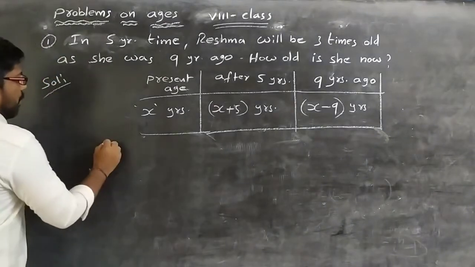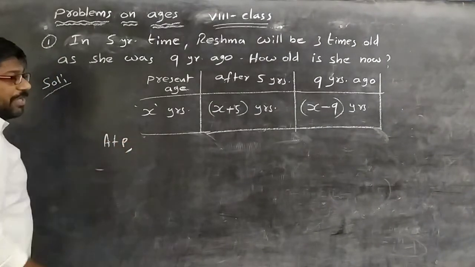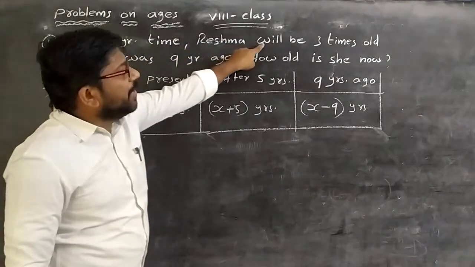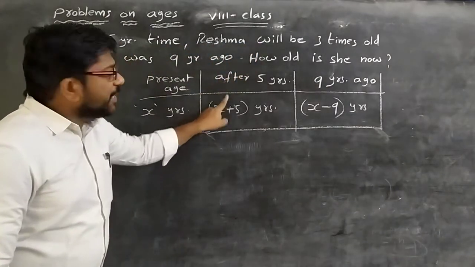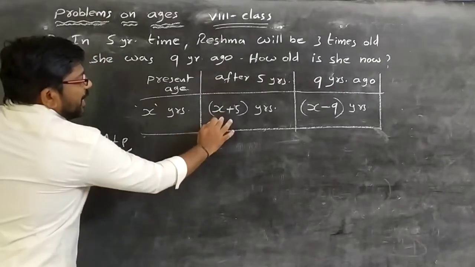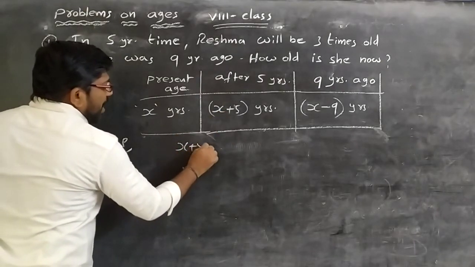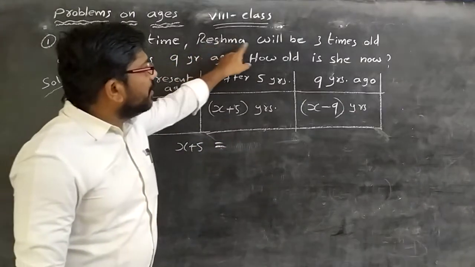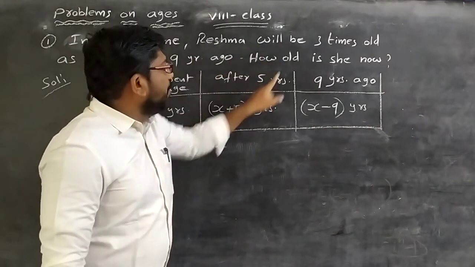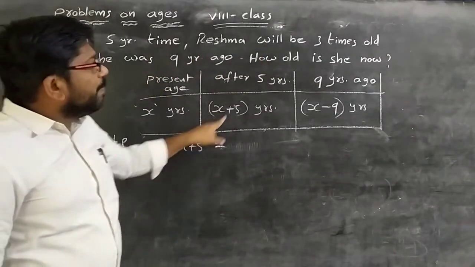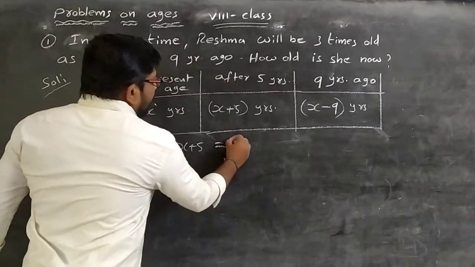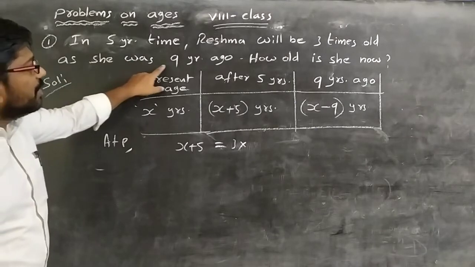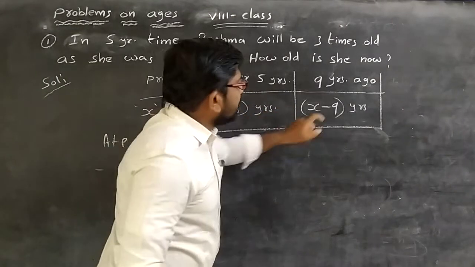According to the problem, in 5 years time, Reshma's age will be x plus 5, is equal to 3 times as old as she was 9 years ago, that is x minus 9.